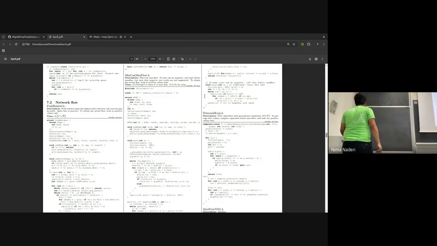We have a directed graph with some edges, like pipes that water can go through.